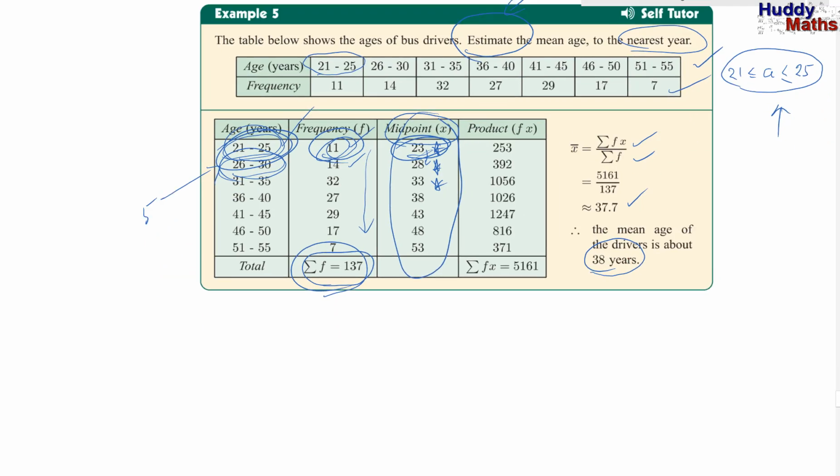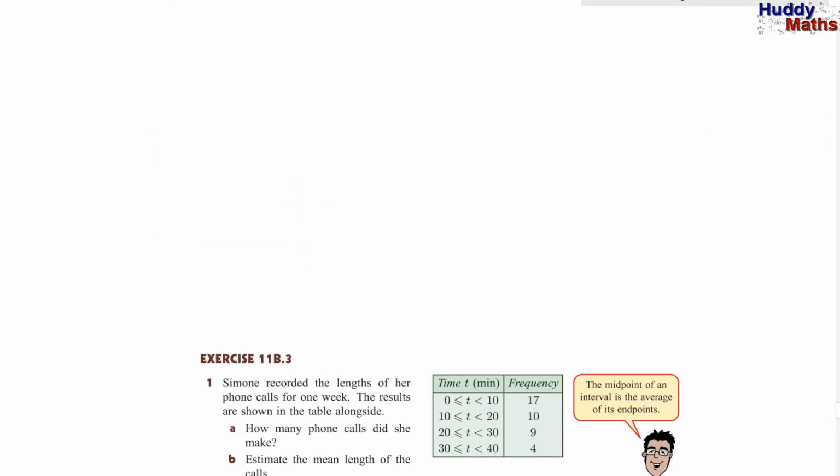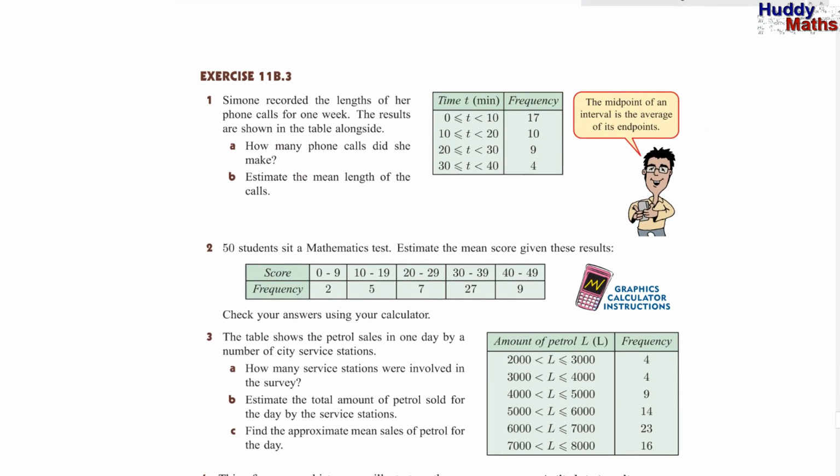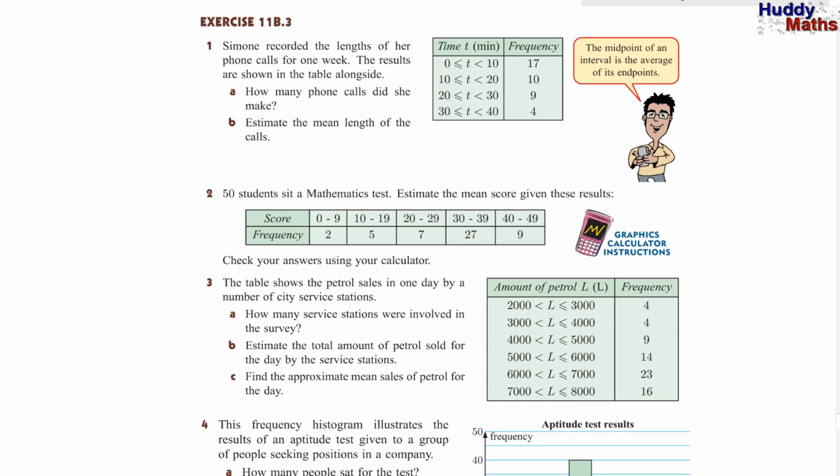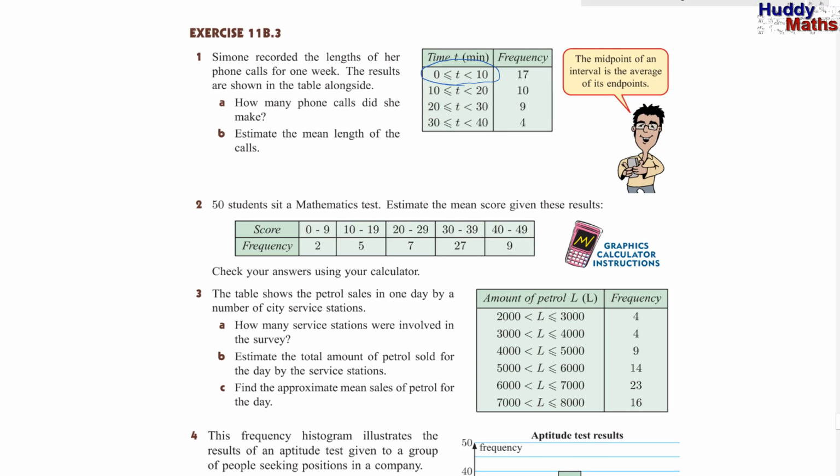Let's keep going now and have a look and see what we've got here. So here's our next set of data. Now this one is back to continuous data, so from 0 to 10 there, and we're going to have to find the middle point, and it's going to be the average of the endpoints.